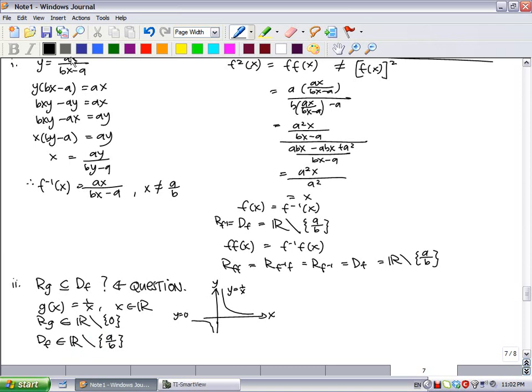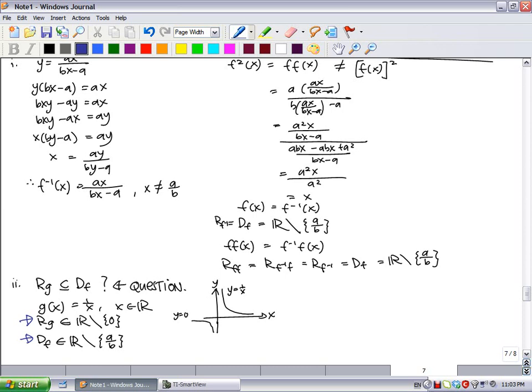Is this going to be a subset of this? The only way that it is going to be a subset is if a over b equals 0. Because that's the only way to fulfill both at the same time. So we look back at the question: can a over b be 0?